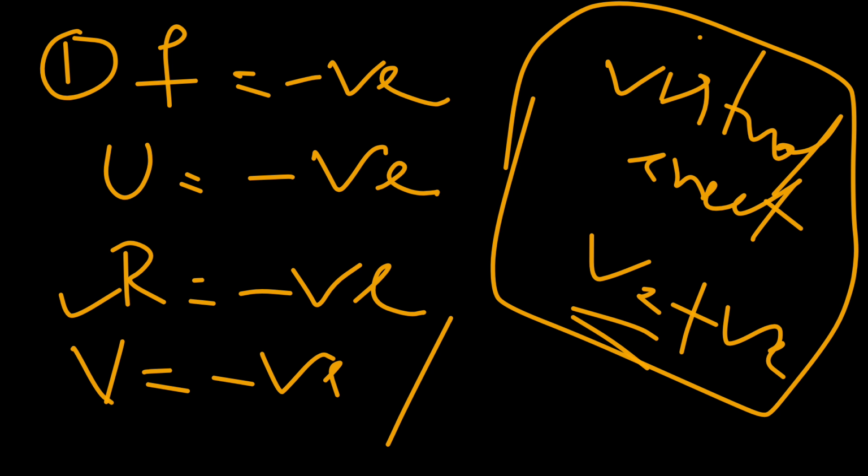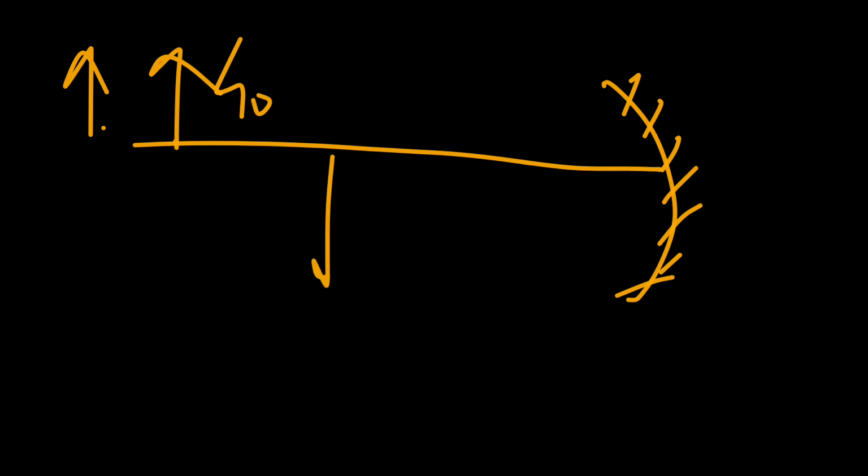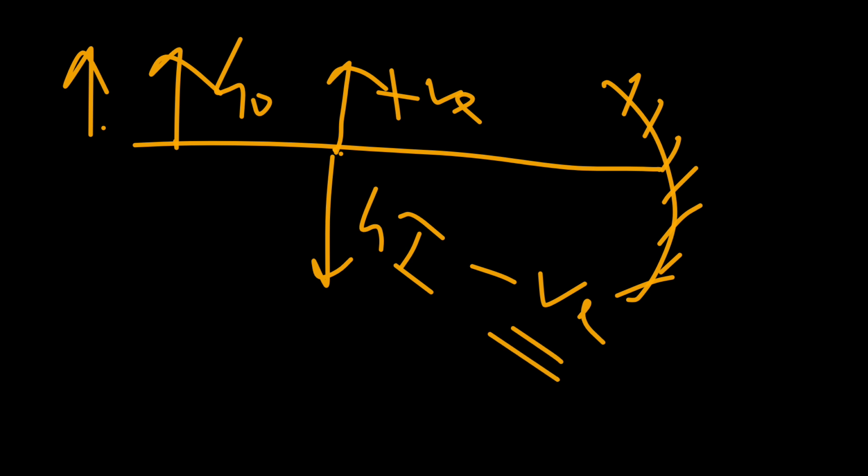Clear? Okay, everything is okay, but if you consider the height of the image and the height of the object, which means if the object is in this direction, this is considered as the height of the object, h o, then this is considered as the height of the image, h i. You have to measure the distance from the principal axis. Above the principal axis is taken as positive and below the principal axis is taken as negative.